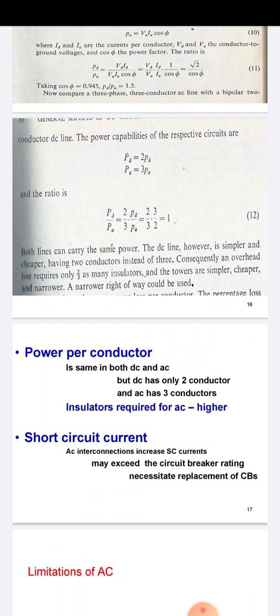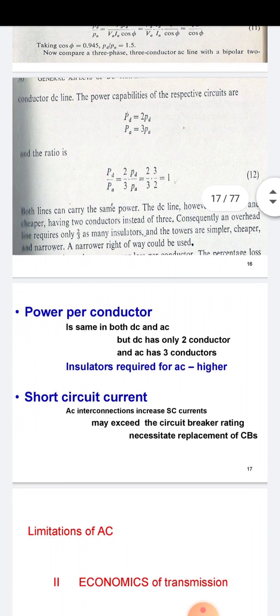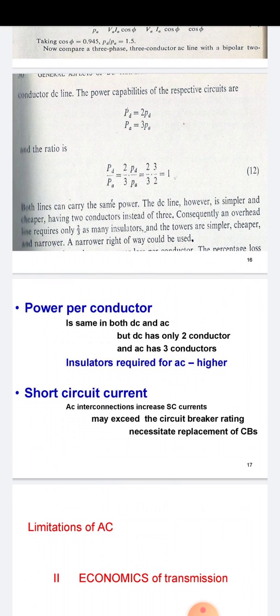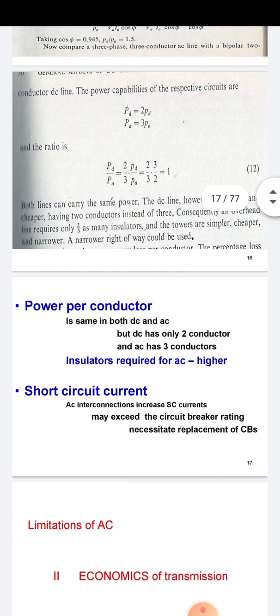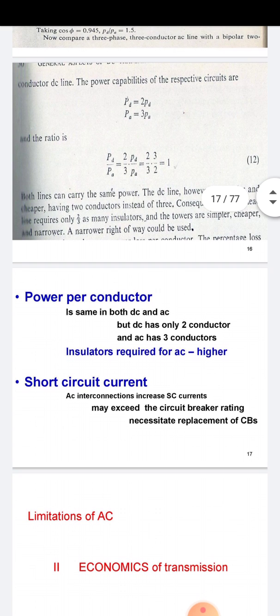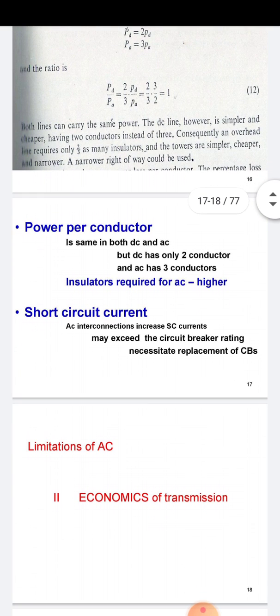DC has only two conductors to transmit the power, but AC has three conductors to transmit the power. Insulation is most required for AC, because it produces maximum losses, many different kinds of losses. So the AC conductor requires more insulator properties.